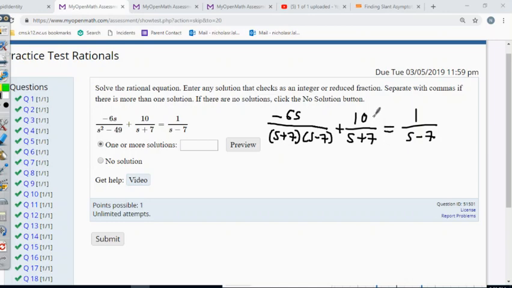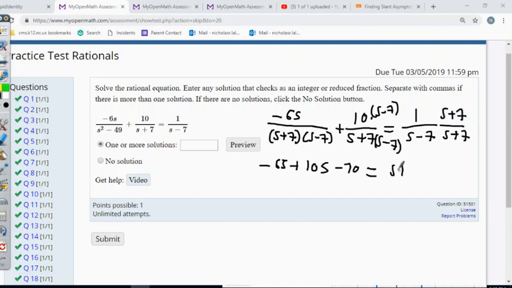So I'm going to multiply this by s minus 7 over s minus 7 to get a common denominator. So I get negative 6s plus 10s minus 70 is equal to s plus 7 over s plus 7, s plus 7.